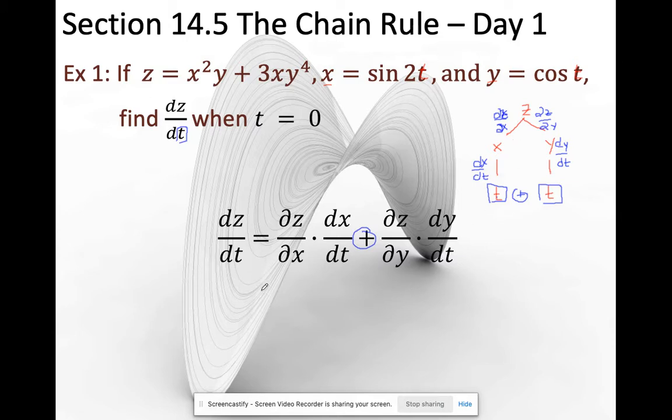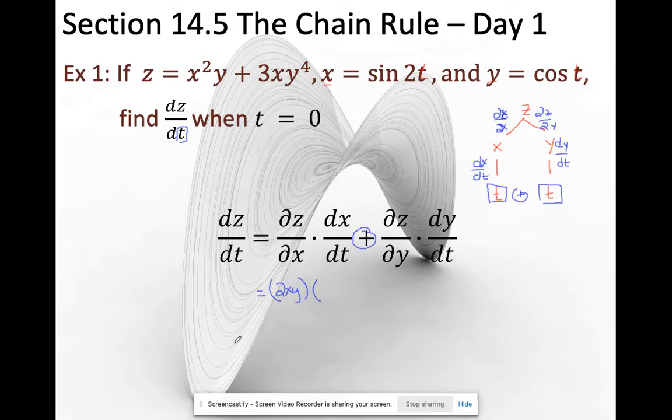So what do I have here? Partial z, partial x is going to be 2xy, and dx dt.